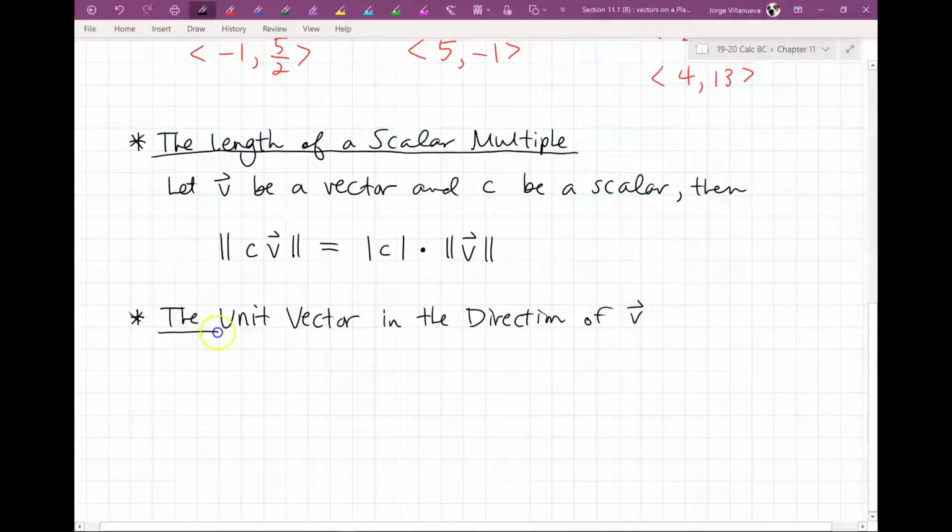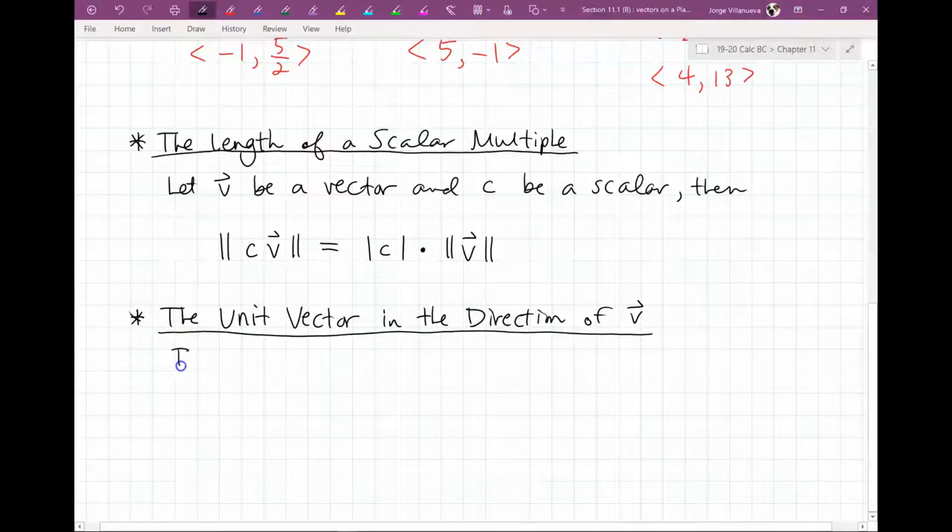A lot of times, whenever you find a unit vector to a vector, number one, its magnitude should be equal to 1, because that's why we call it the unit vector, because its magnitude is 1. But more importantly, the vector that you find, this brand new unit vector, has to be in the same direction. In other words, it has to have the same slope or the same angle, whatever it happens to be, right? So that's why they say it's the unit vector, but they say in the direction of v.